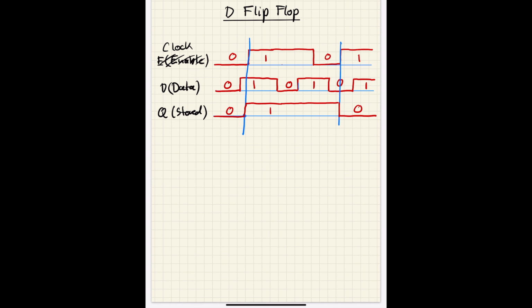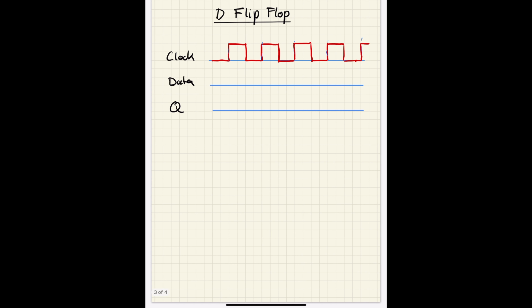Now let's look at a more realistic clock signal, where we actually see that we have a certain frequency in the clock signal. And let's think about how to describe the behavior of this flip-flop. We only have to look at these points in time, where the clock goes from 0 to 1.